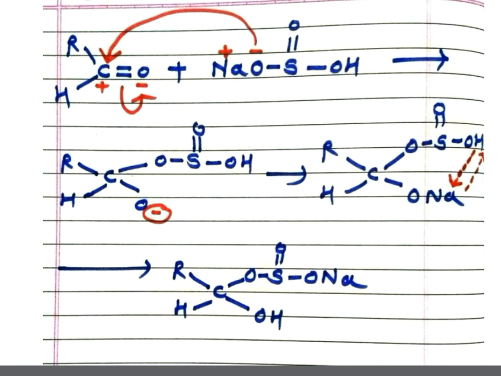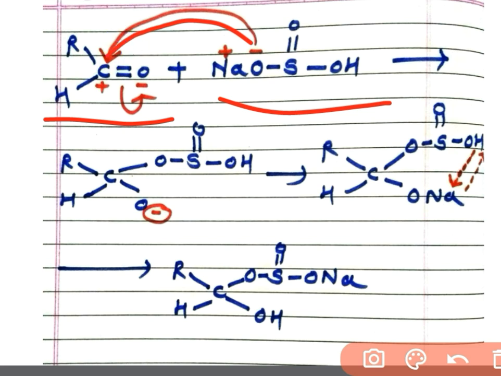So first of all, this is any aldehyde I have taken here. You can write the structure of NaHSO3 in this way: Na plus O minus S double bond O, OH. So the O minus of this NaHSO3 attacks the carbonyl carbon, that is the positive center, and the double bond between carbon and oxygen shifts towards oxygen.